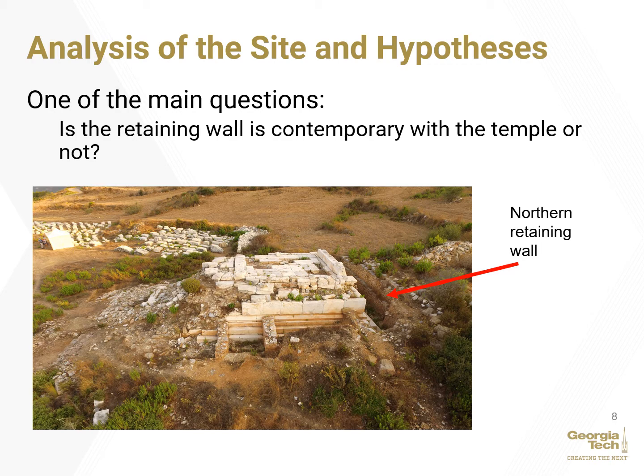Retaining walls, of course, in a hilly, inclined site behind the structure are common, but the reason we were suspicious is it was built so close to the temple, creating this very narrow area in the back, and some of the marble in the back was intended to be decorated, molded, even though most of it was unfinished.